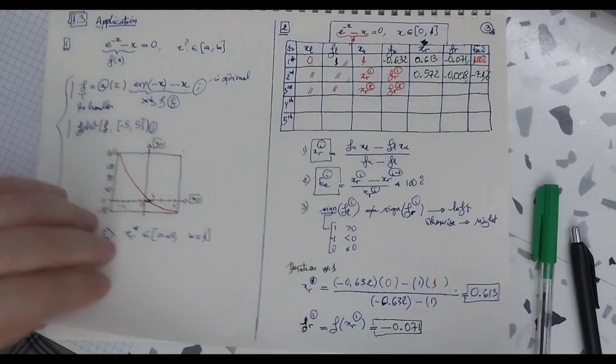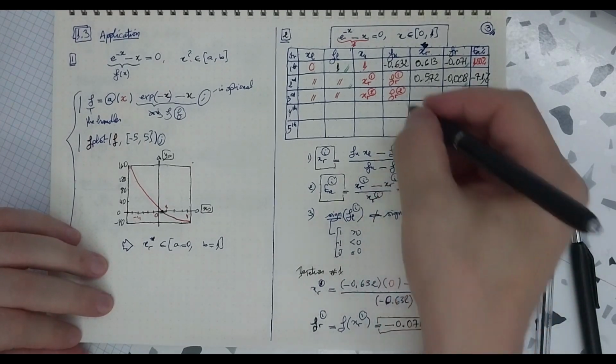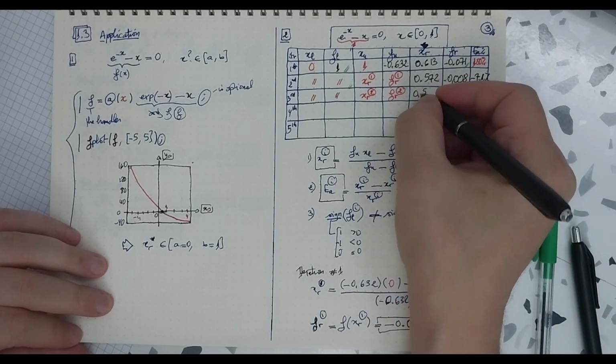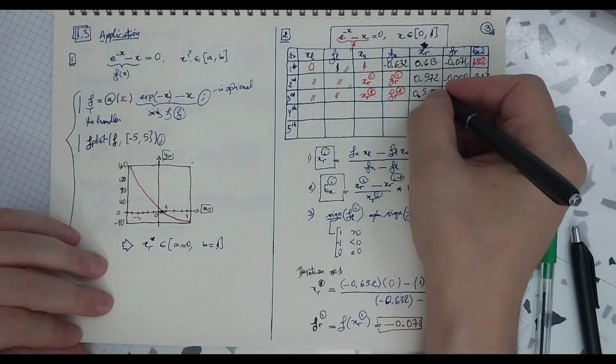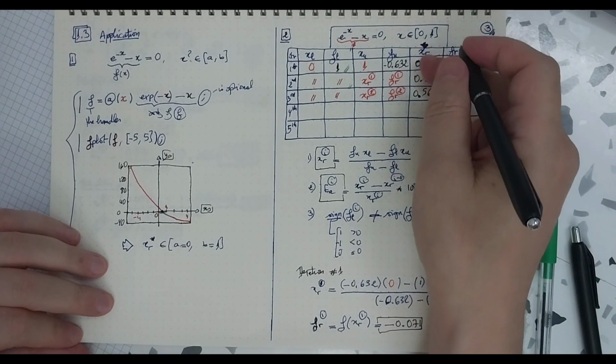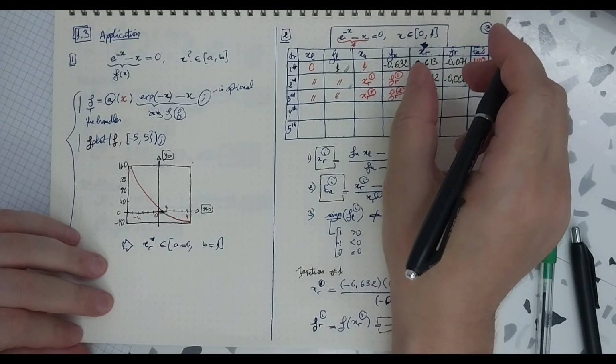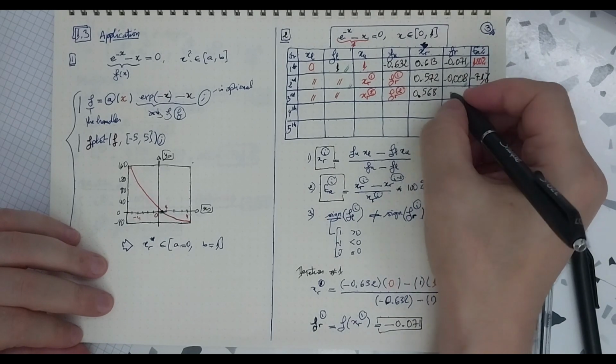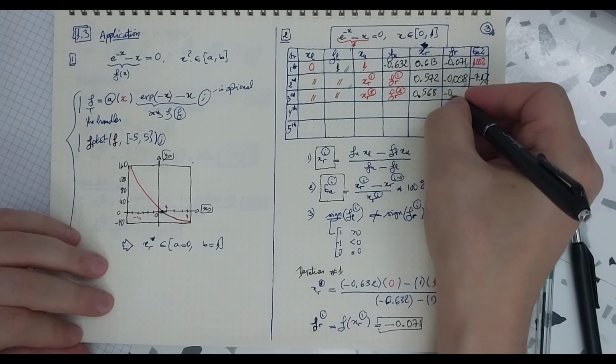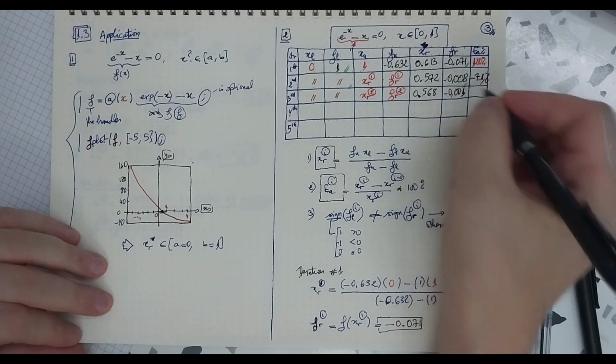And let's report them in the table. We have 0.568. As you can see, all the XR are between 0 and 1. And the value is minus 0.001.